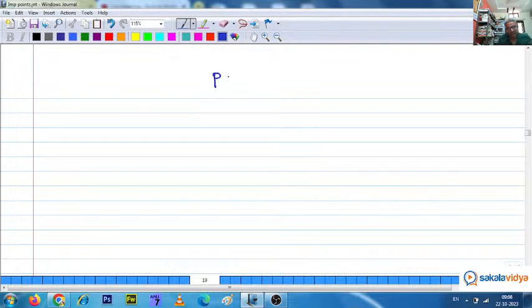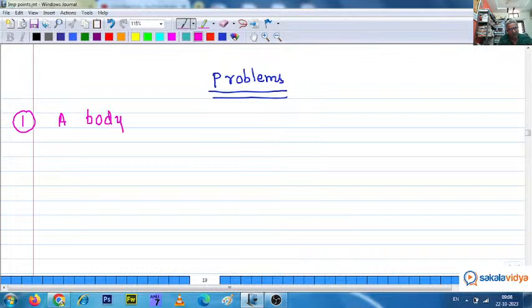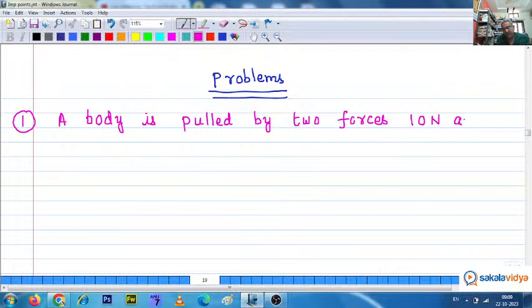Problems. First problem. A body is pulled by two forces, 10 newtons and 20 newtons.